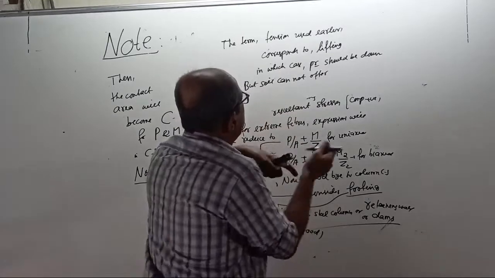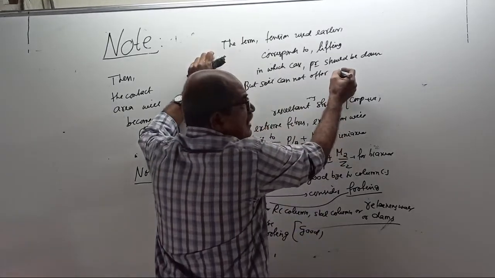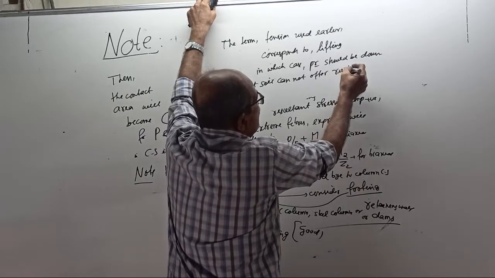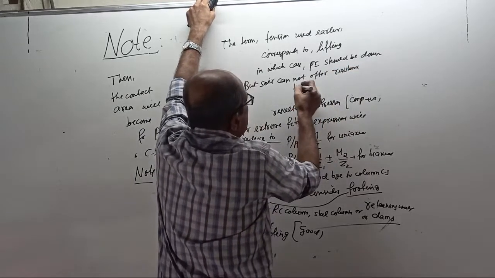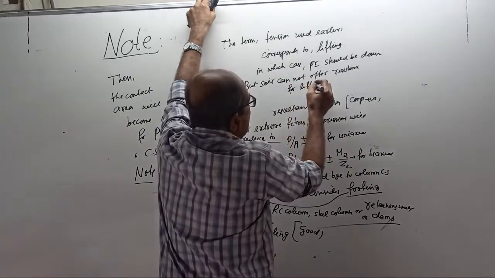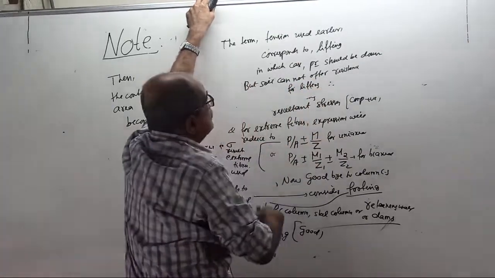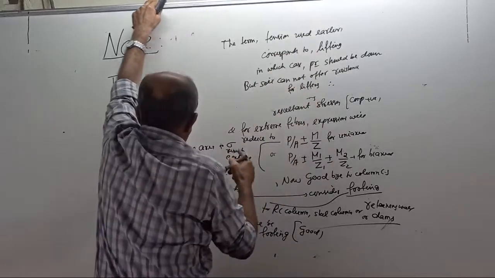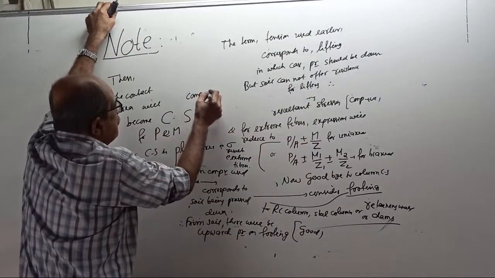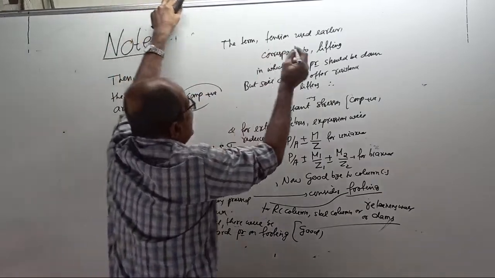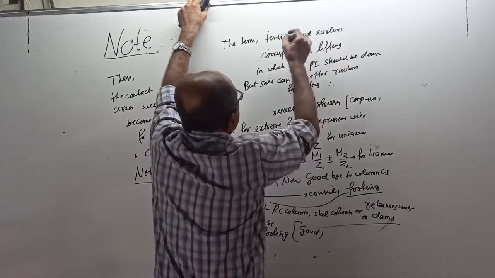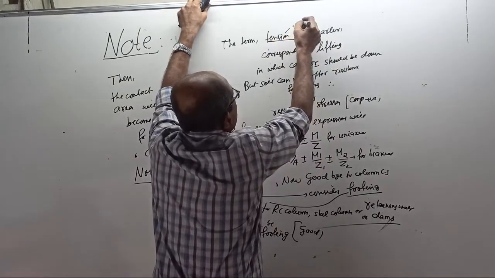Soil cannot offer resistance to lifting. One thing forgotten here: compression means positive for us, and tension means negative. The sign we use for tension is negative.